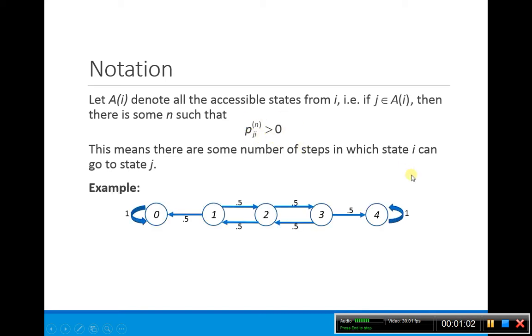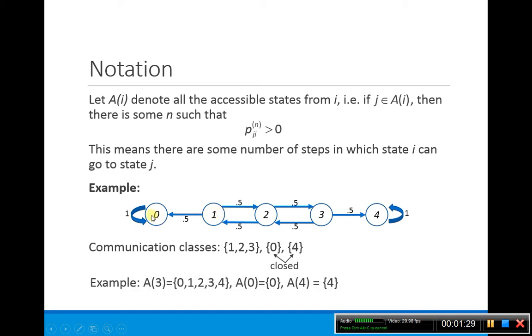Here's an example with 5 different states. I can identify my communication classes: 1, 2, and 3 form a class, and then 0 is by itself, and 4 is by itself. 0 and 4 also have the additional property that they're closed, because once I'm in there, I can't get to anything outside of there.